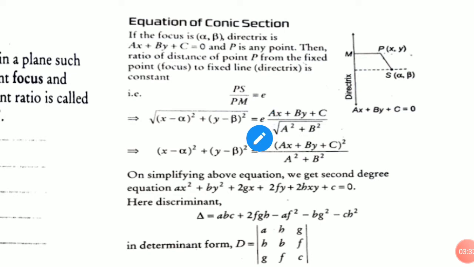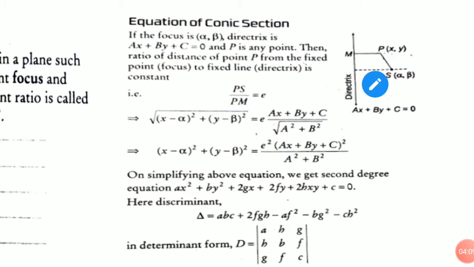Now you know that PS means the distance between two points, which you can calculate as the square root of x minus alpha square plus y minus beta square. You know how to find the distance between two points. And now E multiplied by PM, where PM means the perpendicular distance from P to the directrix.